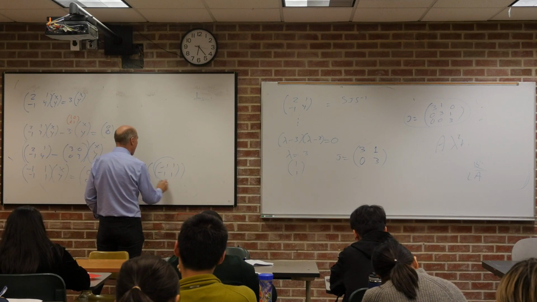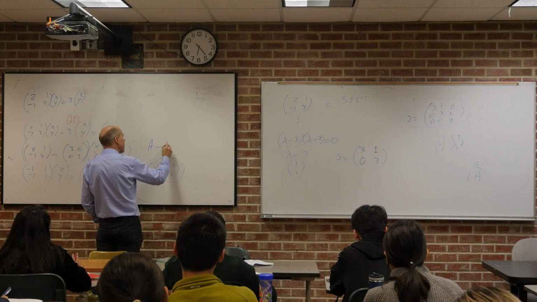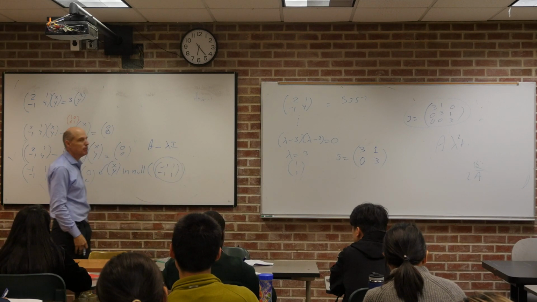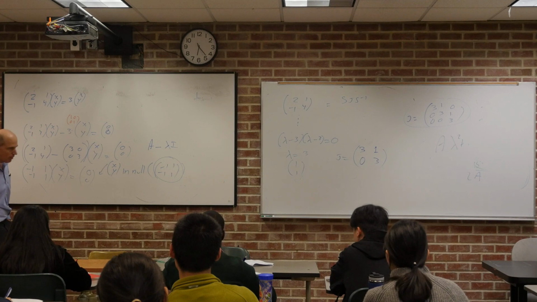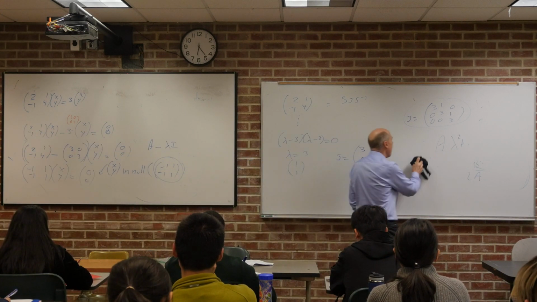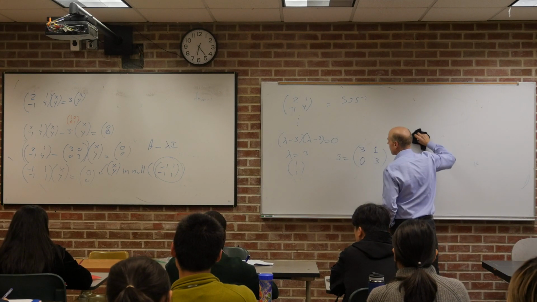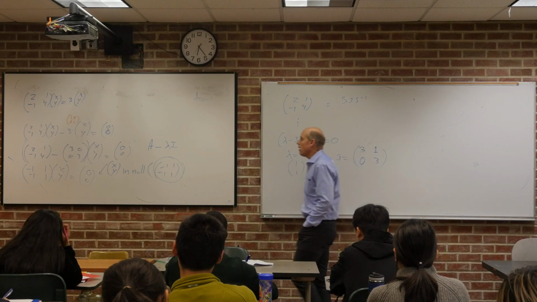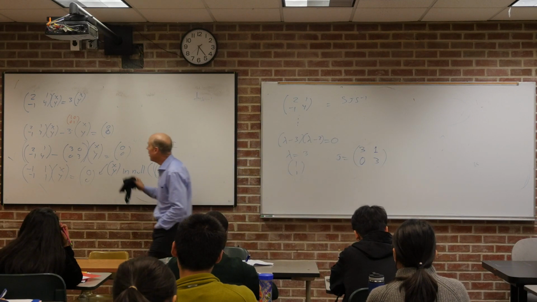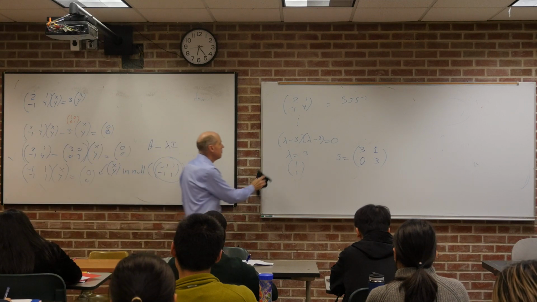And where this matrix came from was the A minus lambda I. So a slightly different way to calculate eigenvalues and eigenvectors is to work directly with the A minus lambda I form. So just as a warm-up, what's this?